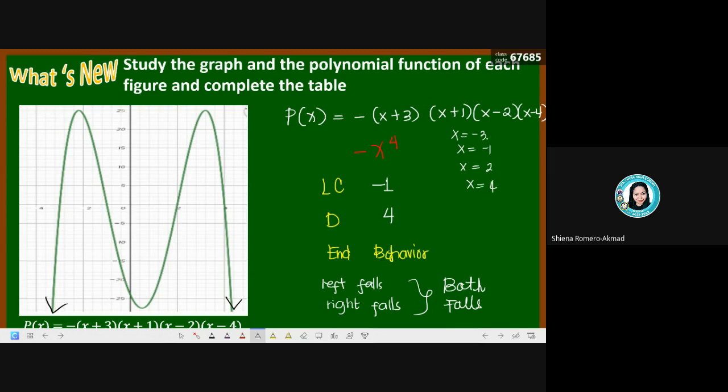So, kapag minultiply mo sila, this is positive 3 times 2. Positive 3 times 2 is 6. 6 times 4 is 24. So, di ba? Negative. Y-intercept is negative 24. So, ito siya. So, kung nakikita nyo. Ayan. Tapos, ito yung 3. Negative 3, negative 1, positive 2, positive 4. So, ayan yung graph niya.